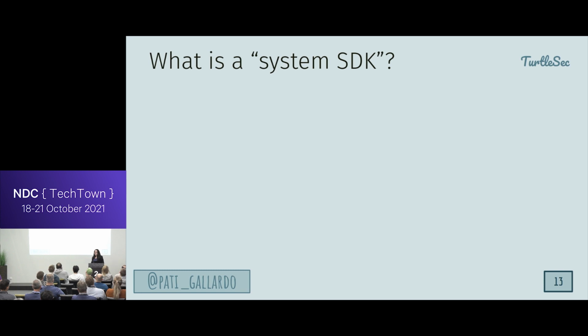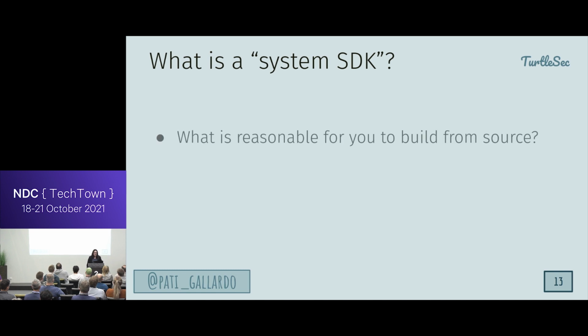So maybe it goes around something that somebody mentioned to me on Twitter. Maybe it's around the idea of a system SDK, because on Windows or Mac you can install a system SDK, and this is how you do programming against the system. Also thinking about what is reasonable for you to build from source.